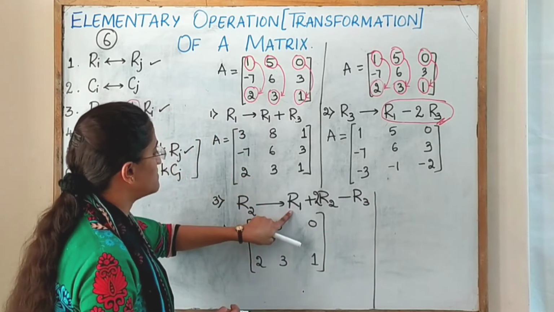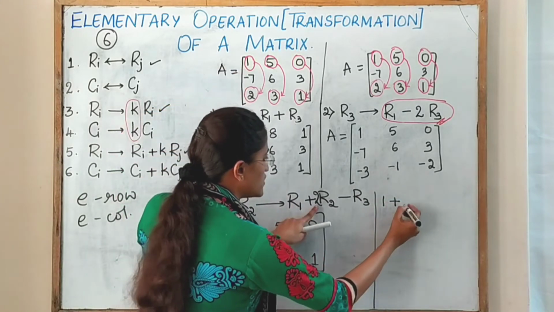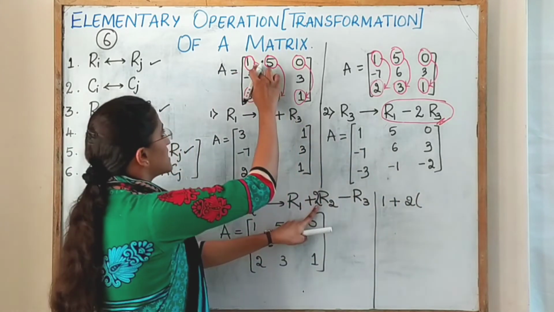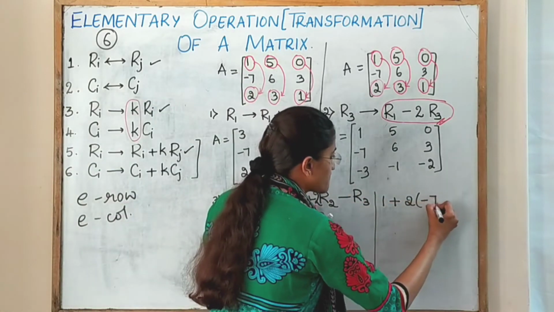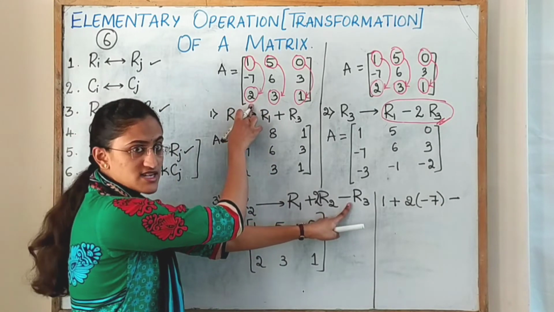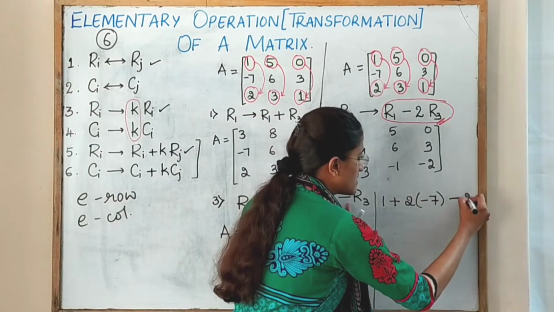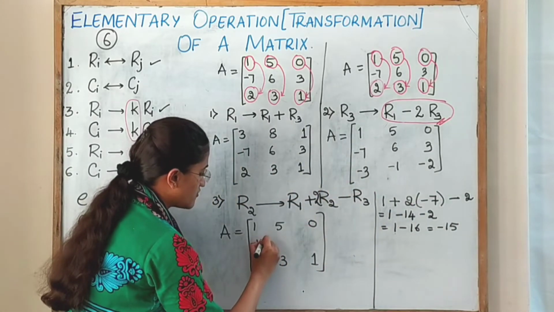Take the first element of the matrix, 1 plus 2 into its corresponding element in R2 which is minus 7, minus R3. Its corresponding element in R3 is 2. Simplifying this, we get minus 15.